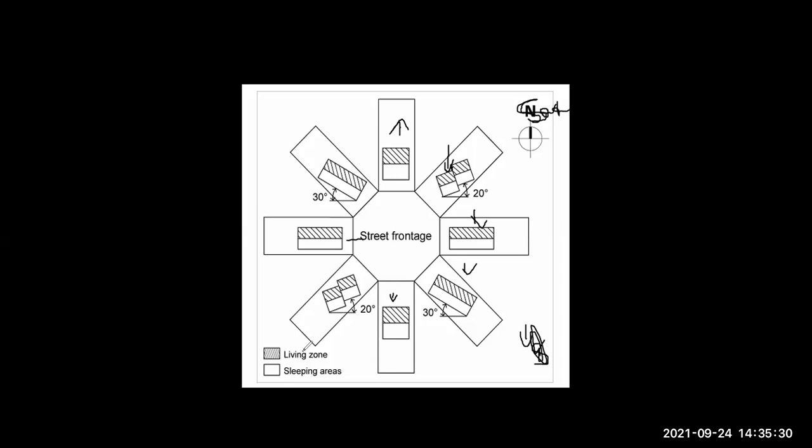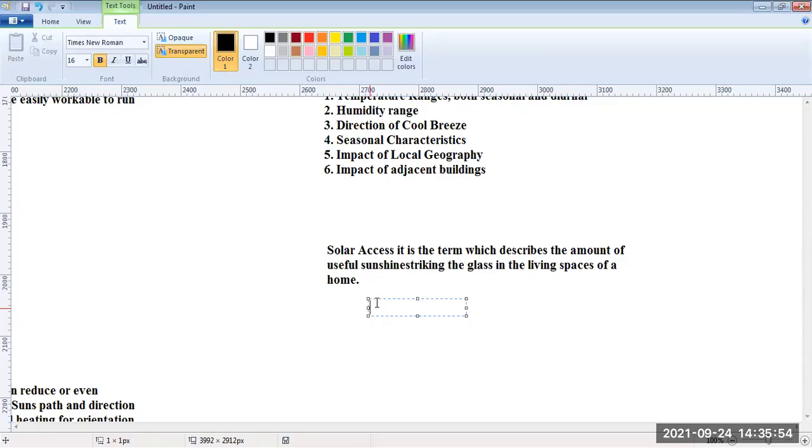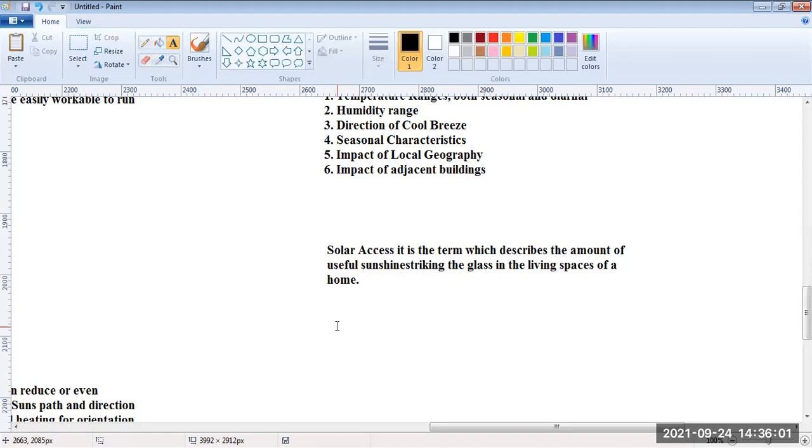In our area, our living zone and sleeping zone should both be on this face, and the other side should be the face meant mostly for storage, kitchen purposes or the lobby. So the orientation is actually dependent on the winter sun, which I told you.